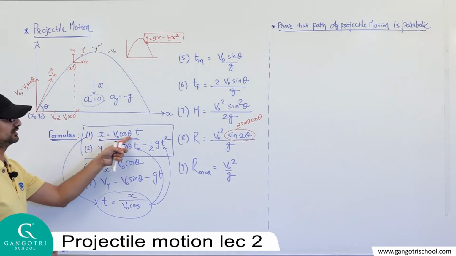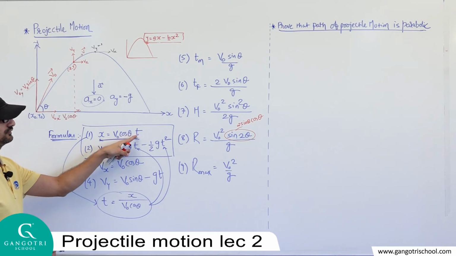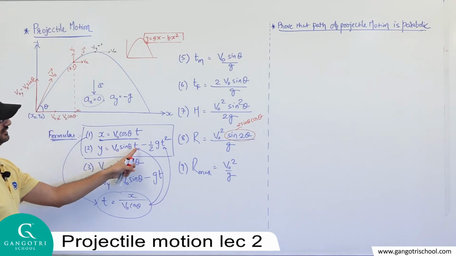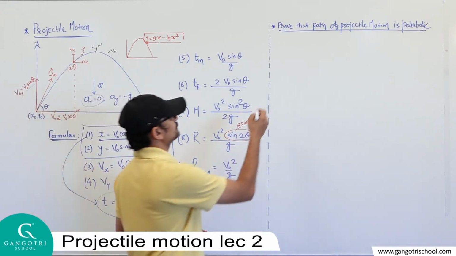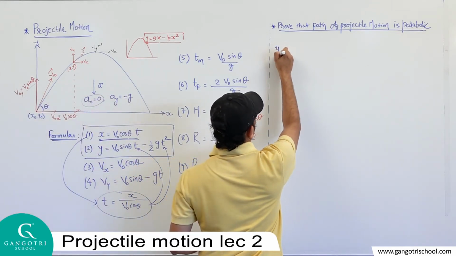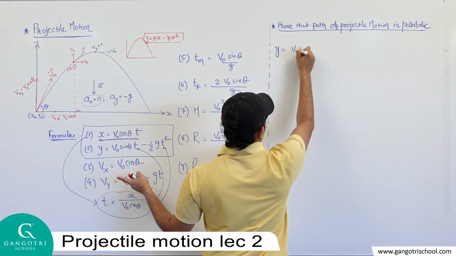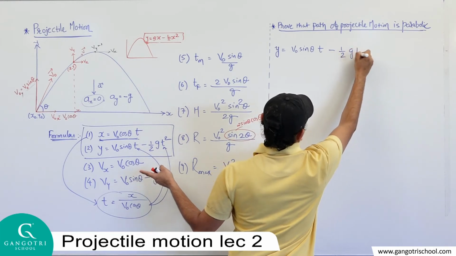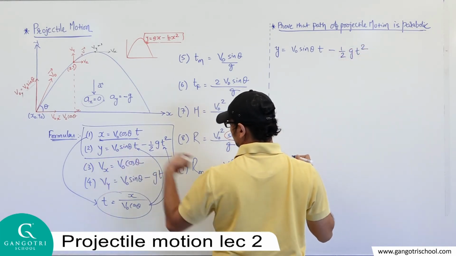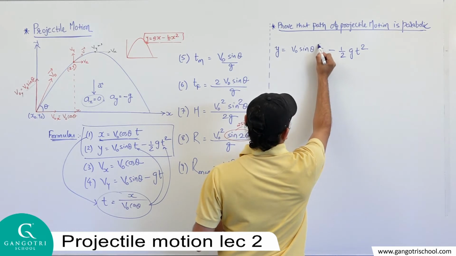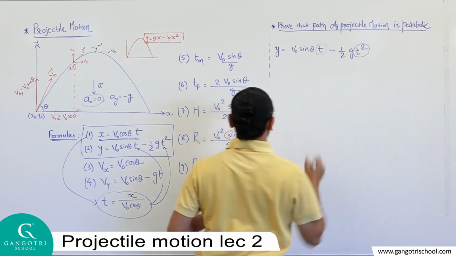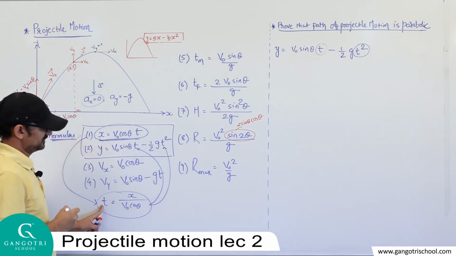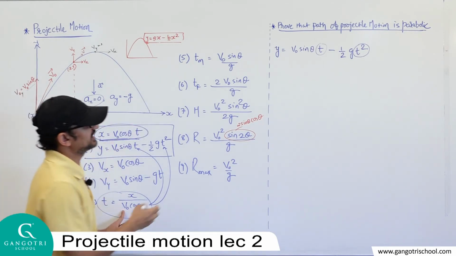So y displacement is V0 sin theta t minus half g t square. This is the y displacement formula. Now the value of t which comes from the first equation, I am going to put in that equation.